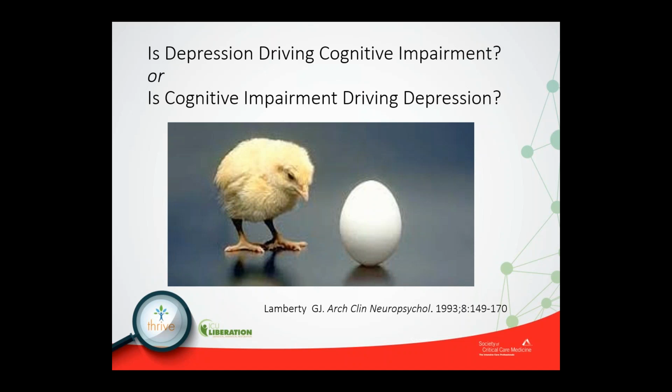That is, if depression is driving cognitive impairment, then the critical thing to treat, perhaps, is the depression. It could be that in younger patients in particular, if that depression abates, cognitive functioning may improve. Alternatively, it could be that depression is a function of, associated with, this new onset cognitive impairment.